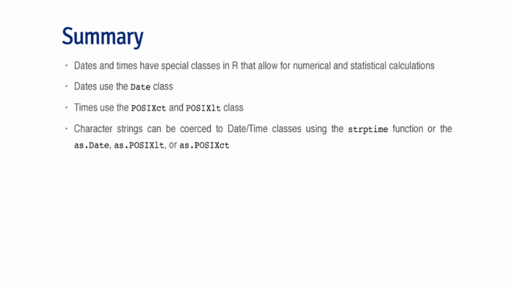The other thing to note that I haven't really talked about here is that a lot of plotting functions will recognize datetime objects. So when you try to plot an object that's a datetime class, it will recognize that object and then format the x-axis in a special way so that it will have a time element to it. So you might want to experiment with that a little bit to see how plots change when you use a datetime class.